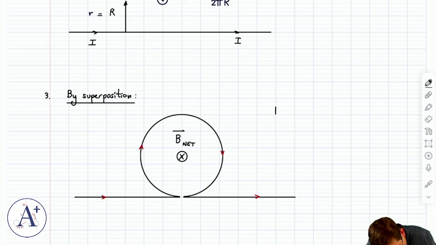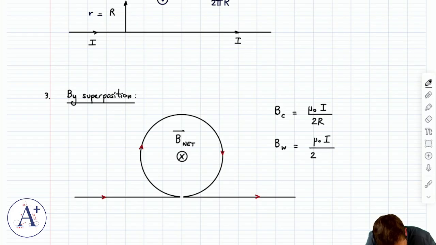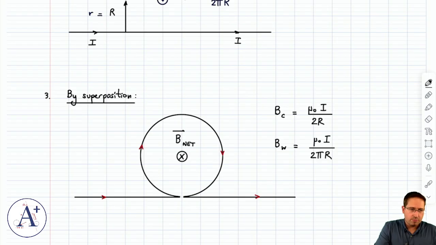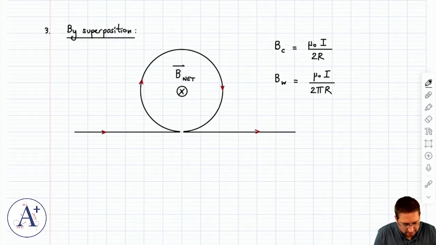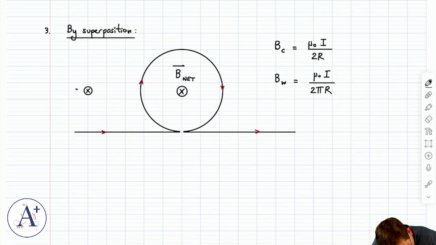Remember that B from the circle is mu naught I over 2r versus B from the wire is mu naught I over 2 pi r. So it's smaller than B from the circle. So there's less B coming out of the page than going into the page, so probably B net is into the page. I'm going to choose, I don't know, call it Z hat, the direction into the page.